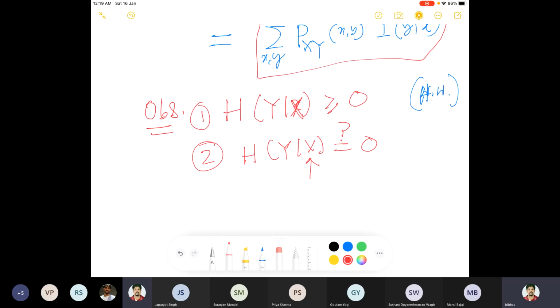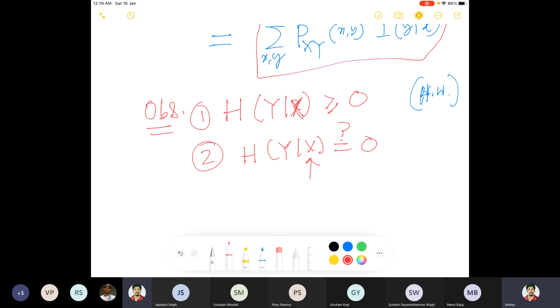There are two things. Here we are talking about entropy, and there we are talking about mutual information. Mutual information could be 0 when one is independent of the other. But what about entropy? Entropy means the amount of uncertainty about y when x is supplied. When can it be equal to 0?